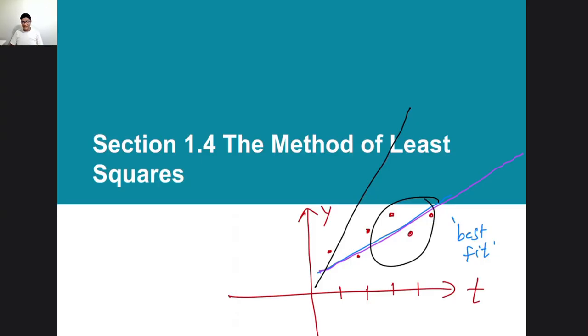That line is deviating away. I cannot assume my profit is going down. Doesn't make sense. It's increasing. What is the best fit here, right? That is the line that I want to get. And how would I know which line is that? That's where the method of least squares comes into picture.